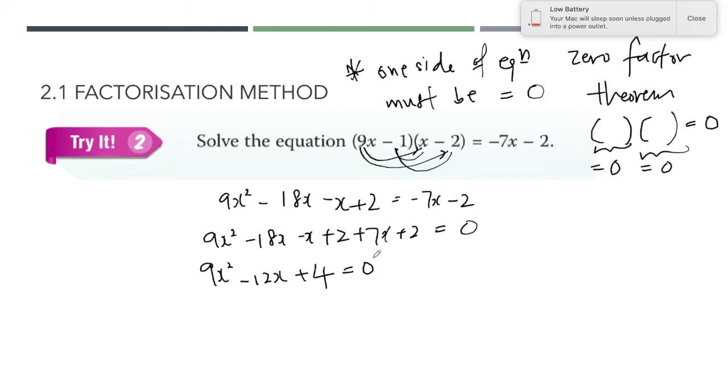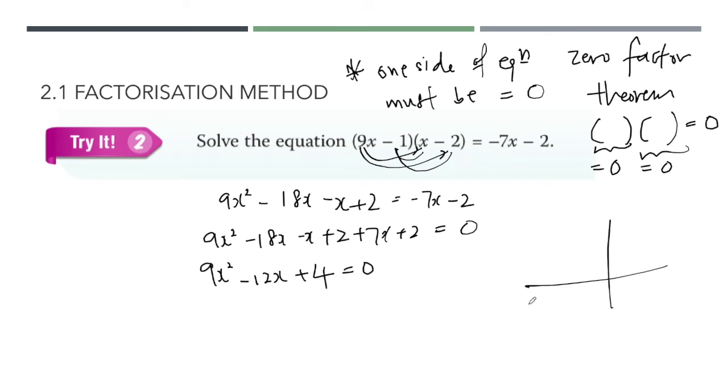Now the next step would be to factorize the 3 terms here. Okay, we have a quadratic equation now. So factorize 9x squared minus 12x plus 4. You can do this with the cross method or the table that your teacher taught you.